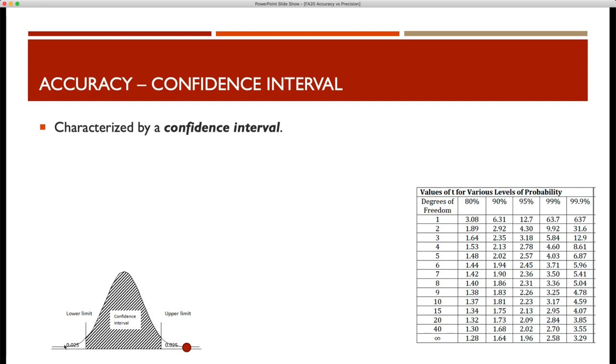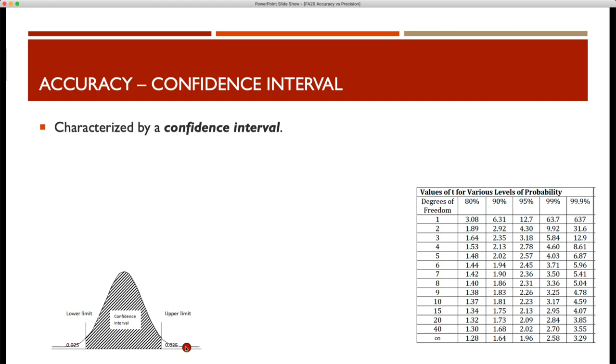So if we think about taking a lot of measurements and creating a distribution that is only broadened by the random error associated with our measurements, we can define the confidence interval as a window of values bounded by the lower limit and the upper limit of that window.